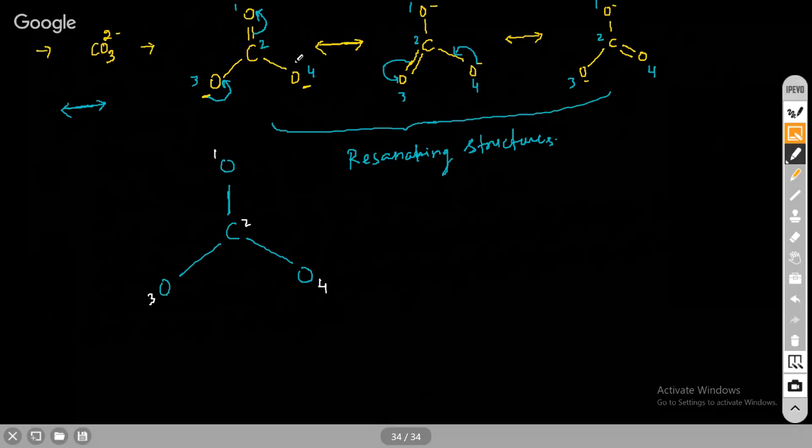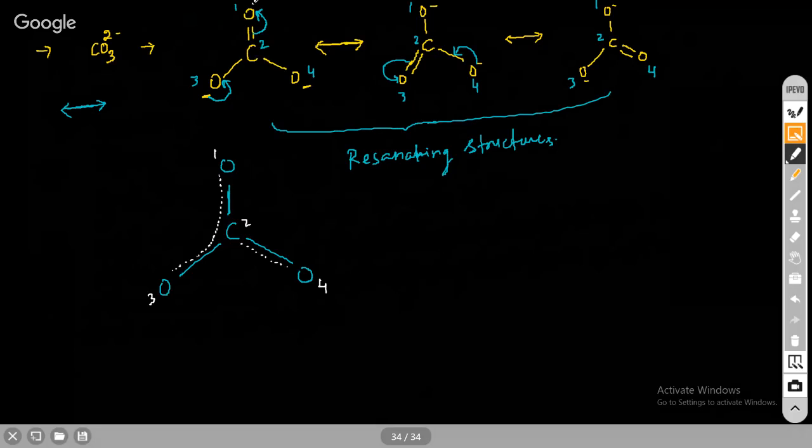Similarly, in this also, 2 and 4. So all these bonds won't have a pure double bond or single bond, but they have a bond which is in between double and single bond. And we draw this delocalization of electrons like this, with this dotted line. And then here also we have the dotted line. It means this pi bond is distributed uniformly over these oxygen atoms.